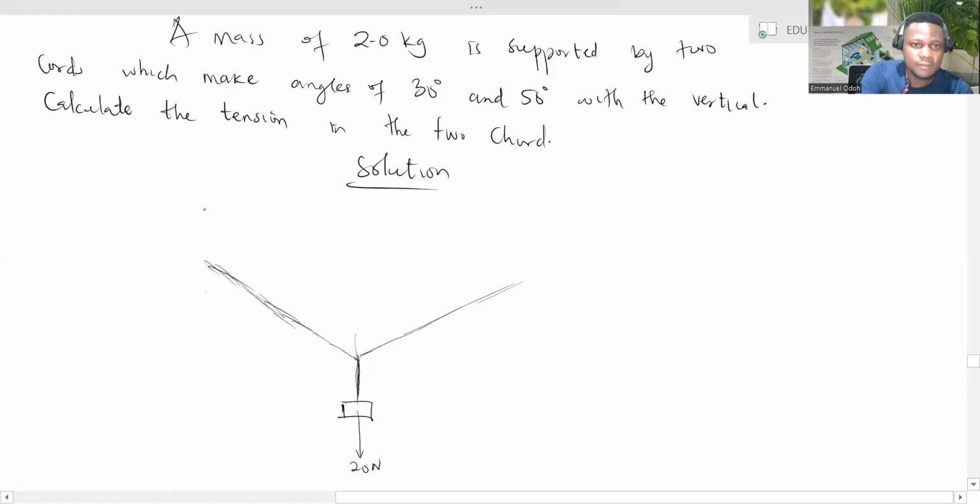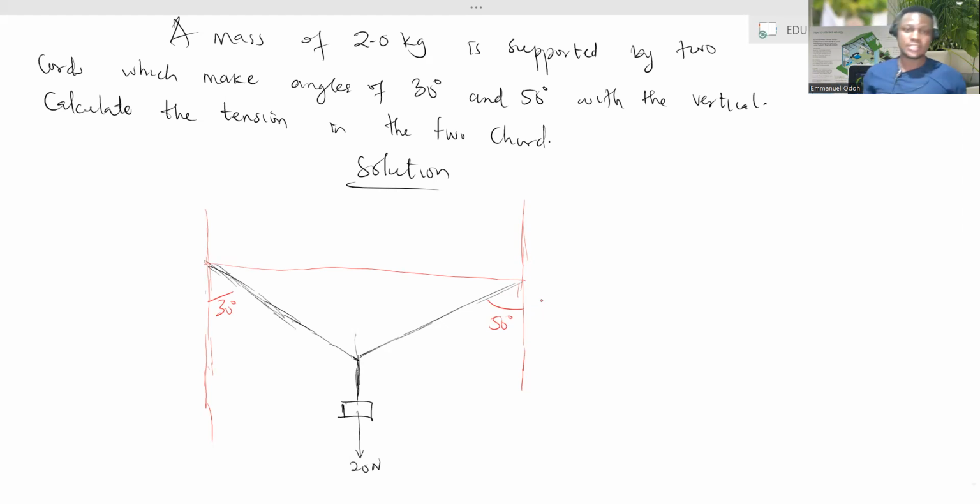This is my vertical line, this is vertical, and this is horizontal. Then we are asked to calculate the tension on the cord.